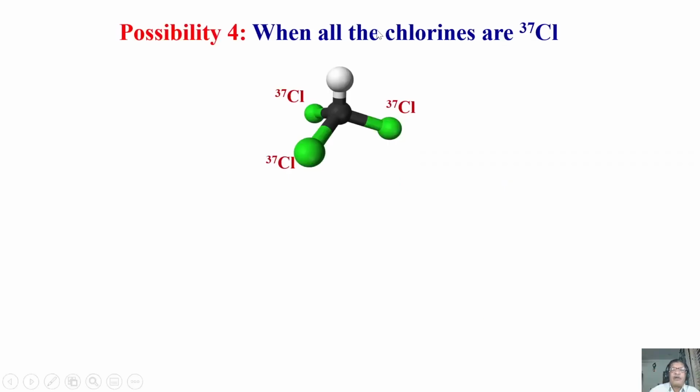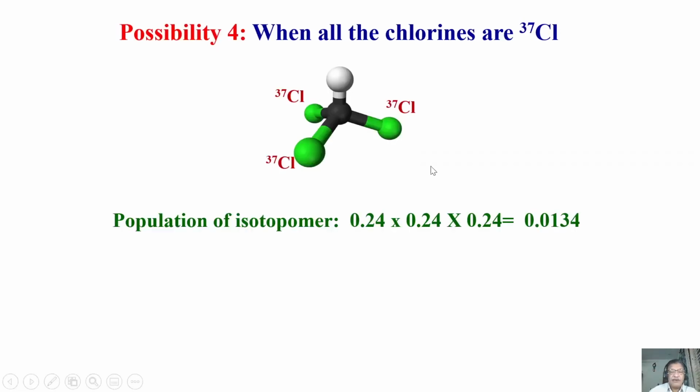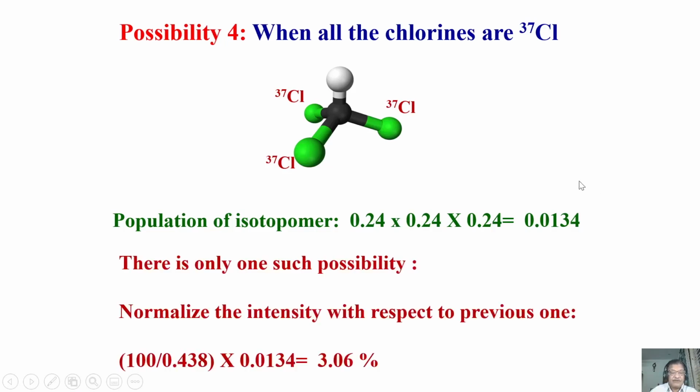Now, when all the chlorines are 37, there is only one possibility, and you calculate the population: 0.24 into 0.24 into 0.24 turns out to be 0.0134. Normalize this with situation 1 where all the chlorines were 35. Now, what is the percentage you are going to get? 3%. Now, we understood everything.